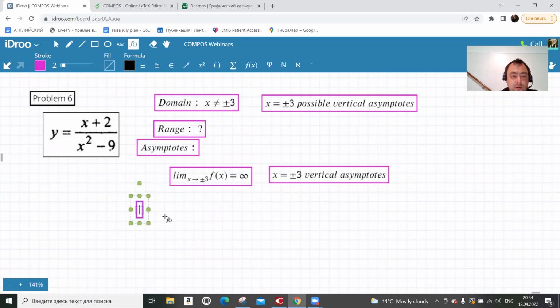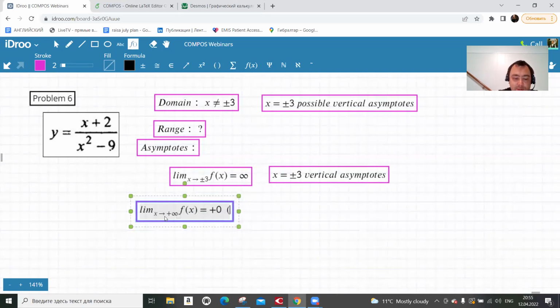Horizontal asymptotes. We need to find the limit when x tends to plus infinity of f of x. What happens when x becomes really, really big? It becomes very, very small, but positive. We're going to write it as plus 0.